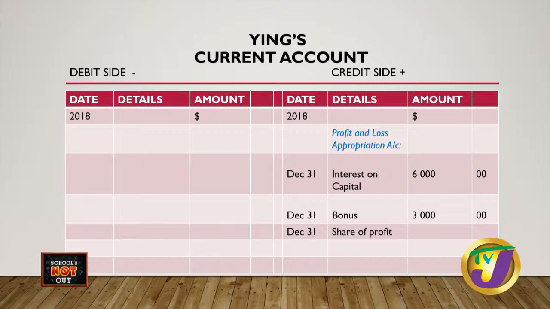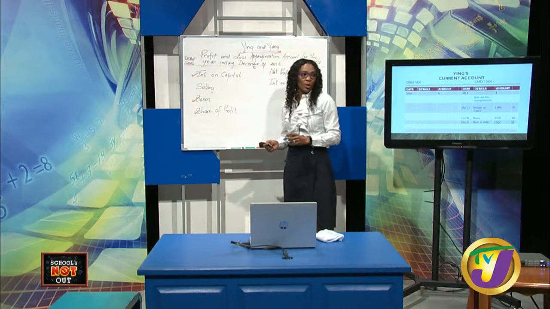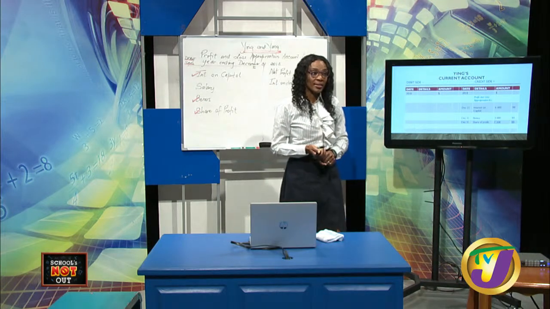Another item which increased, remember now we're on the increasing side, the credit side. Another item which increased Ying's capital was his share of profit, which was $7,500. Go back to your last notes. You will see the figures in that profit and loss appropriation account. Good? But if you cross-check again on the board, you would recognize that the bonus as well as the share of profit, they're all on the debit side, so they must go on the credit side of Ying's account.